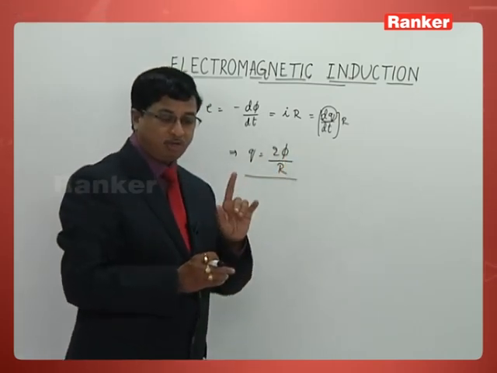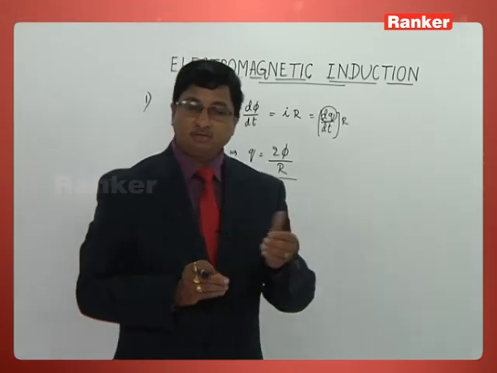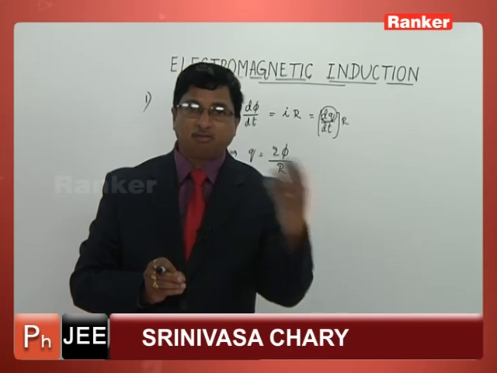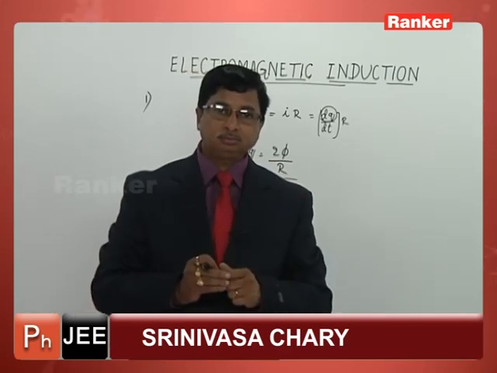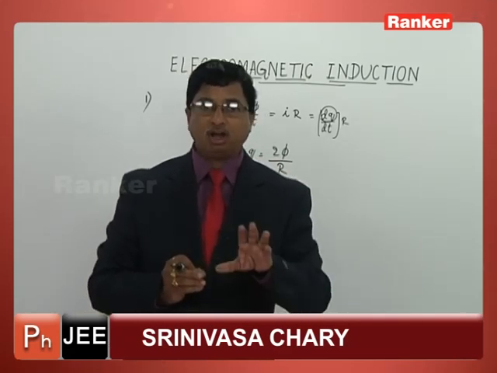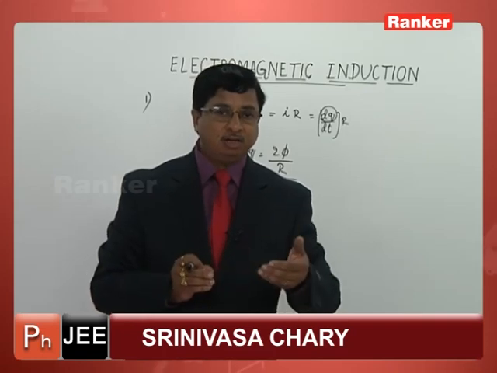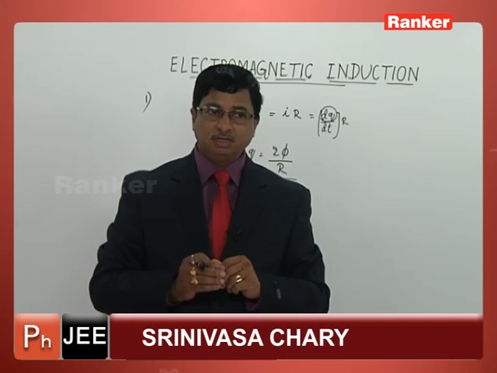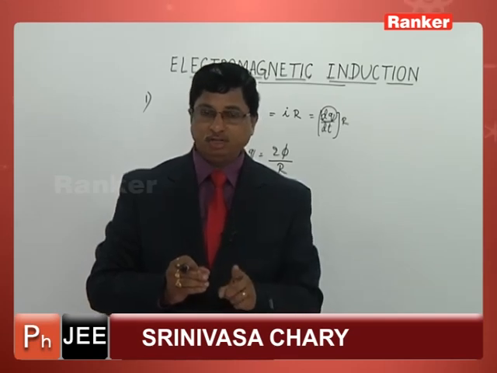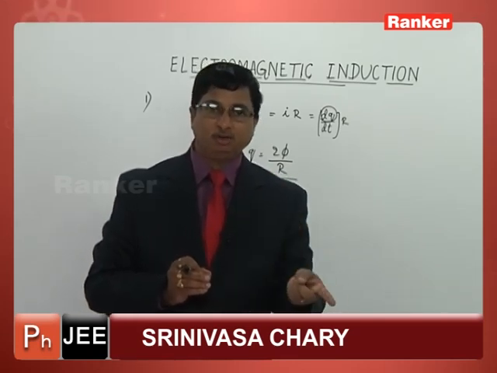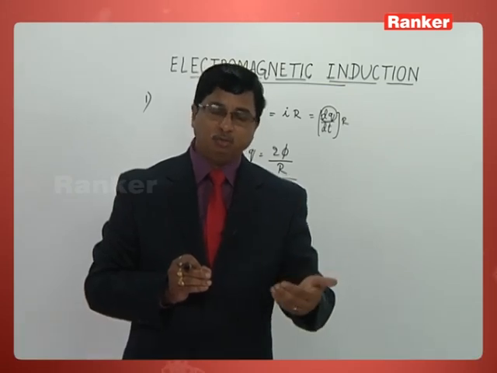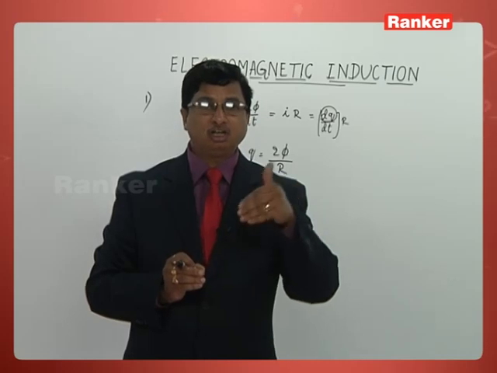But observe carefully in the same problem. Suppose the magnetic field has not been reversed. Then our answer would have been phi by R simply. Since it has been reversed, you need to take twice the value. Why twice? For the reverse direction, we take the flux with a negative sign.